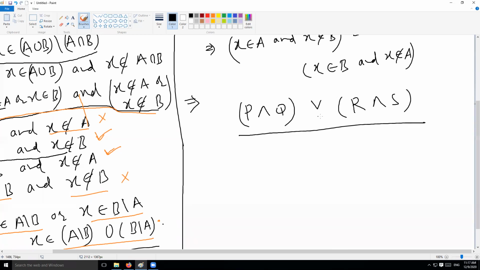So P and Q or R and S. I can say by distributive law, this means that P and Q or R is true, and P and Q or S is true.